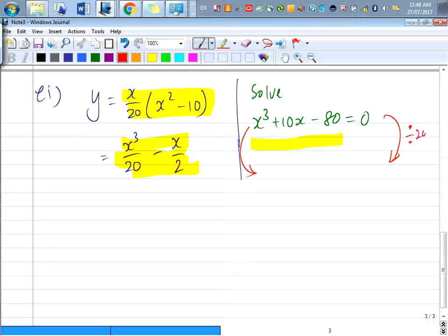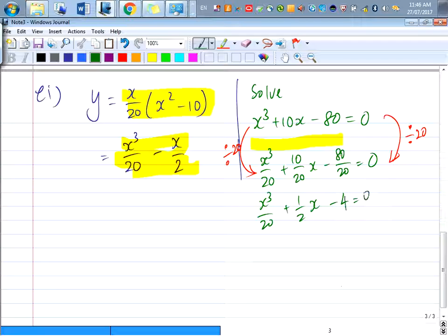Divide this by 20. Over here we do the same. And we will arrive at x cubed over 20 plus 10 over 20x minus 80 over 20 equals to 0. Simplify it, we get x cubed over 20 plus half x minus 4 equals to 0.